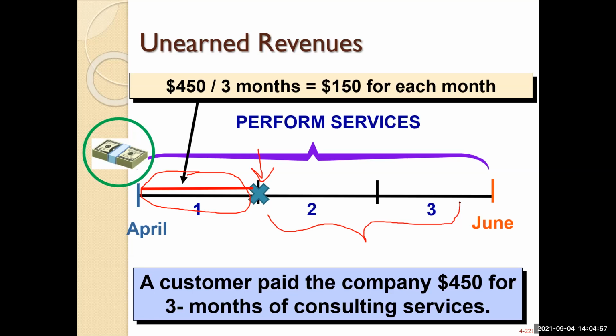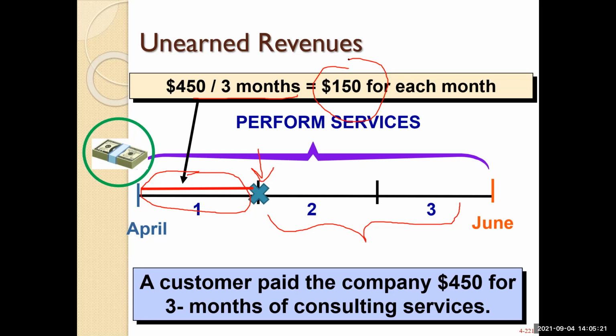We don't owe 3 months of service anymore. We only owe 2 months of service. Okay, so to figure out how much each month of service is worth, you take the total amount of $450, you divide it by the 3 months, and that tells you it's $150 for each month of service. That means we've now earned $150 of that $450.